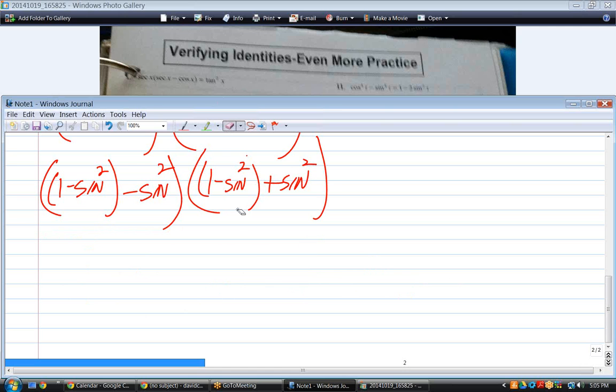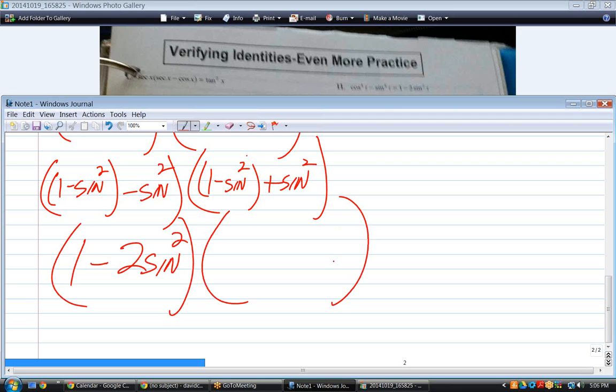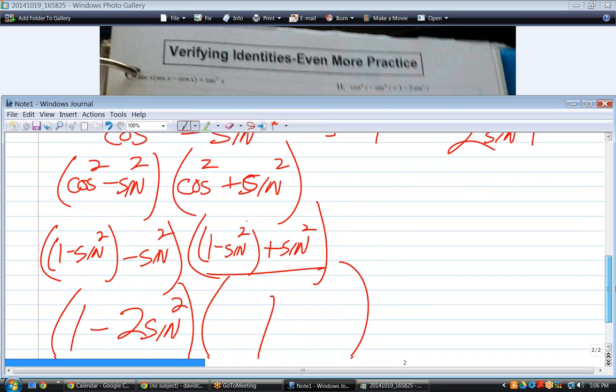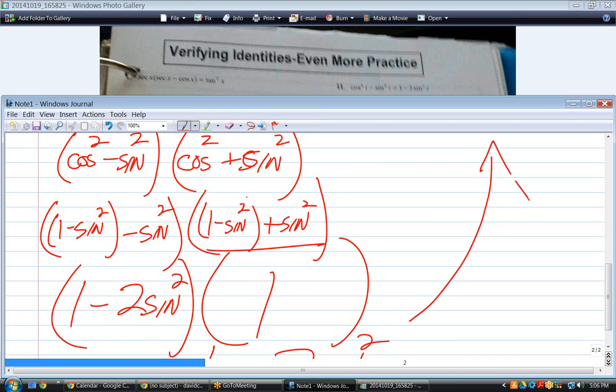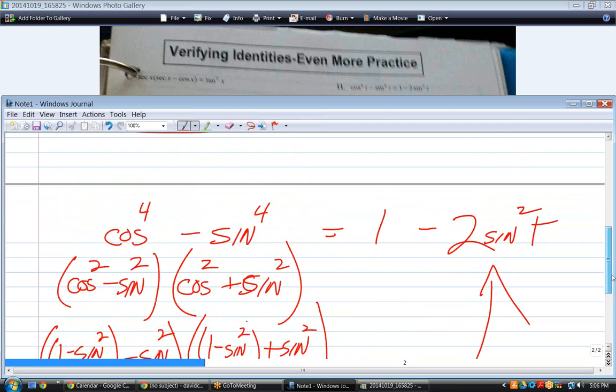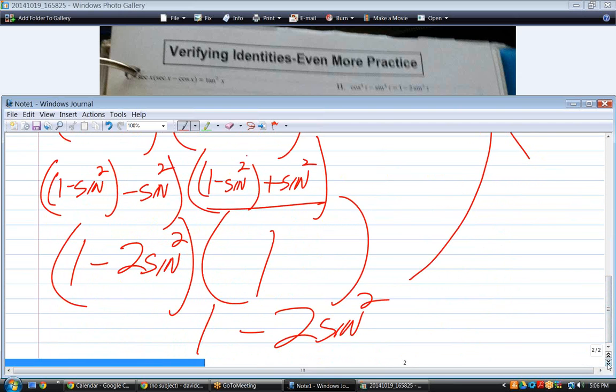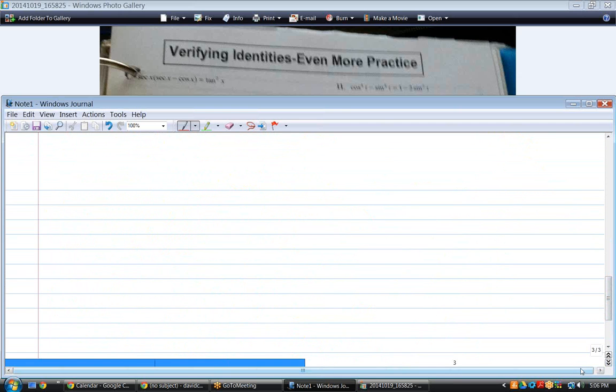Okay, so that's 1 minus 2 sine squared. And what does this become? Just 1. So now that answer is 1 minus 2 sine squared. That's what we're supposed to be proving it to be. Okay.